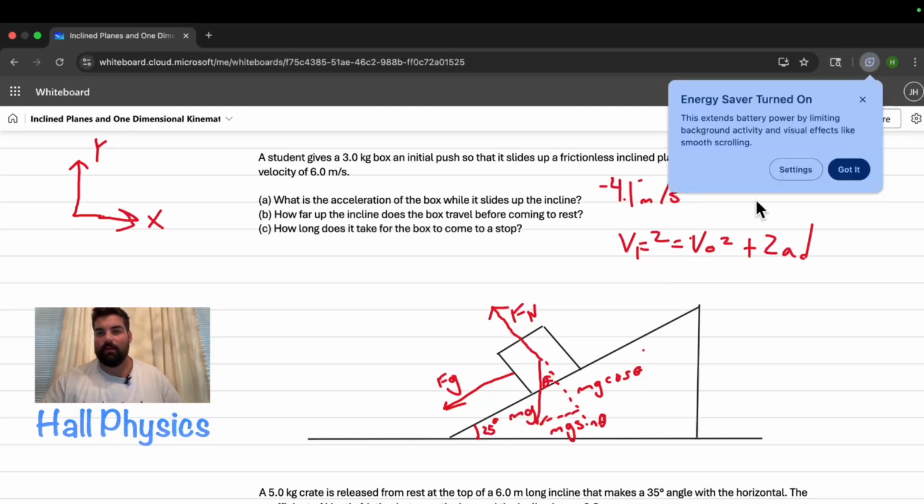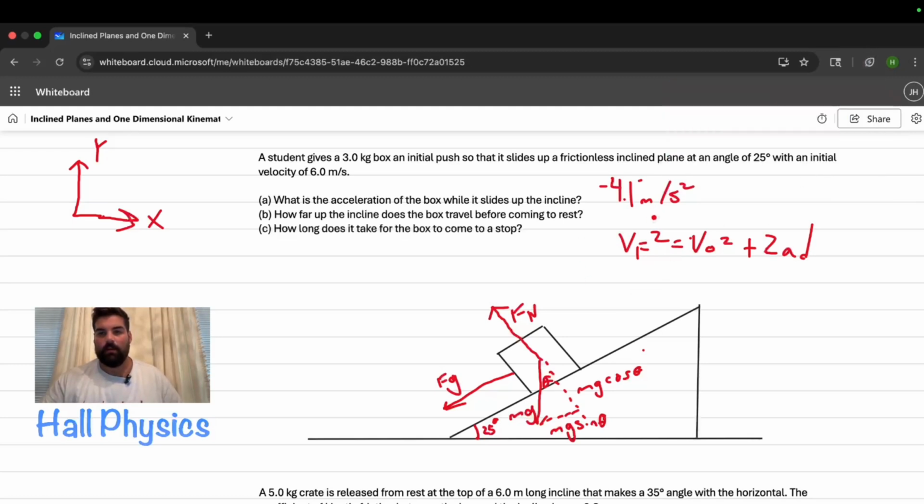So when the box stops, it has 0 velocity, and we know that it's given an initial push of 6 meters per second. So we can do 6 squared plus 2 times negative 4.1, because we know our acceleration now, times d, distance.